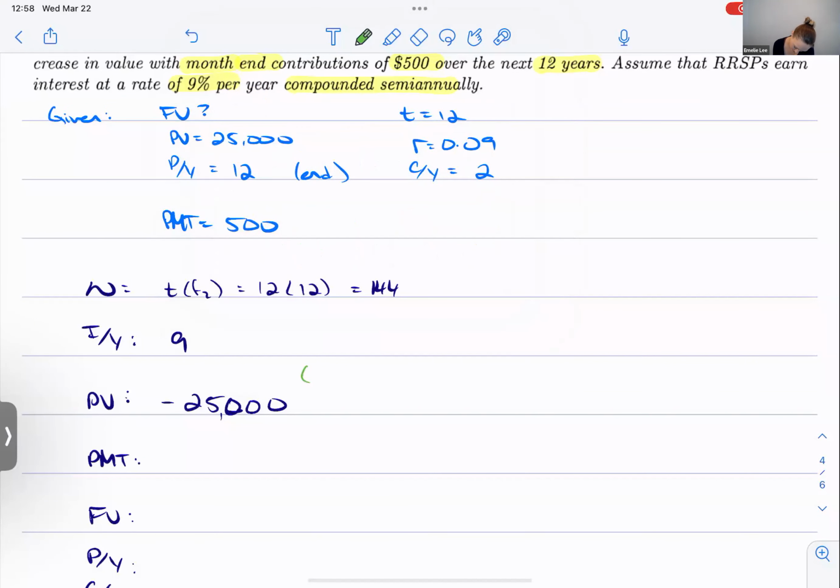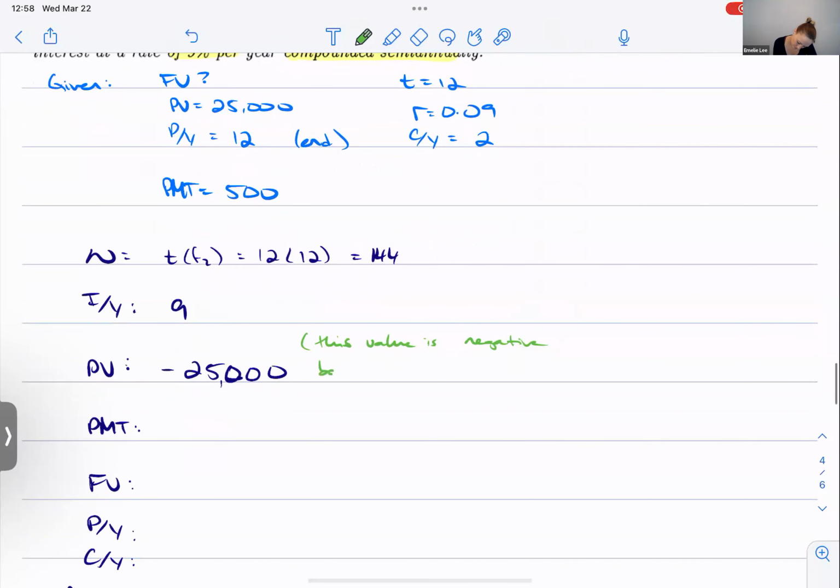And so negative 25,000, it's negative because we are not getting 25,000, right? Unless you're getting 25,000 and you can spend it on whatever you want, then it's going to be negative.